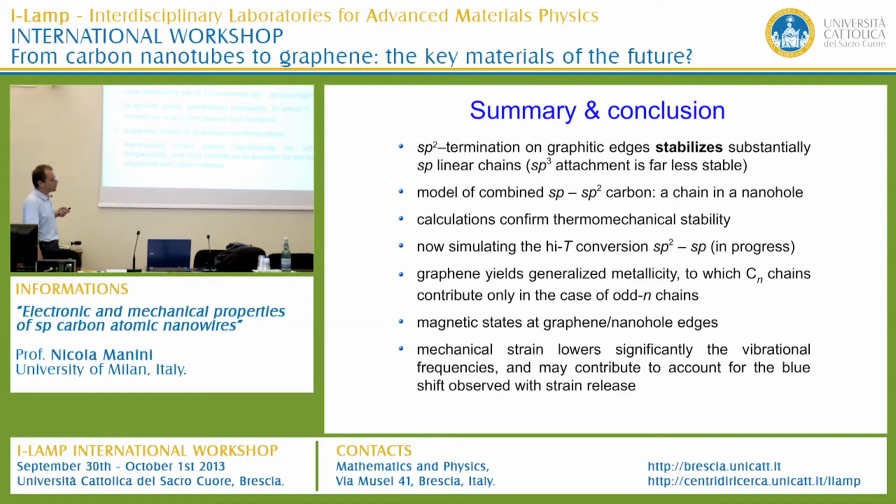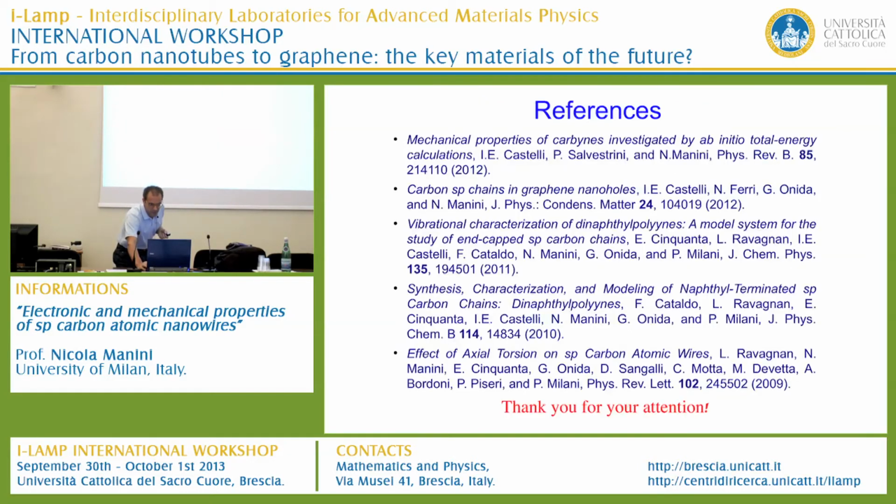And the holes, and in general the edges of graphene, will have magnetic states attached. Mechanical strain of those chains will tend to generally lower vibrational frequencies, and as a result, this can account for the blue shift which is observed in experiment upon gas interaction.